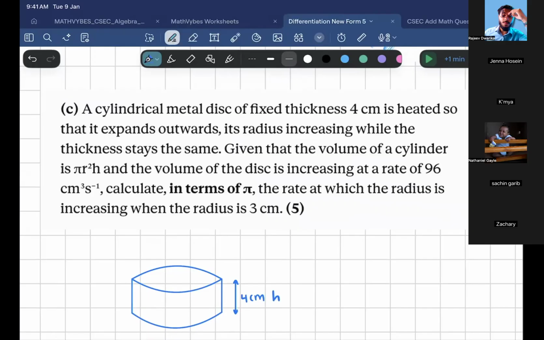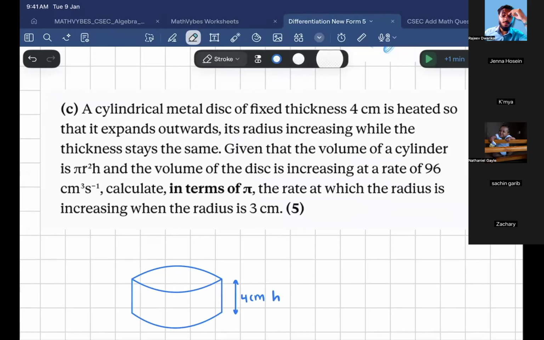Let me explain it in a better way. When you heat something, the molecules inside gain kinetic energy, and they're going to want to vibrate and move about. So Nathaniel, if you get energy and you start to move about, you would want to go all over the place. But if it's a fixed volume, you would push against the surface to expand.